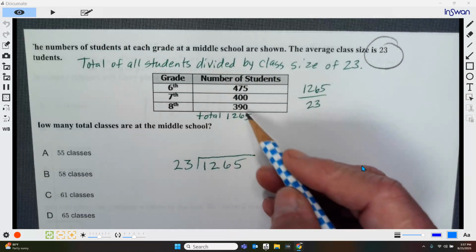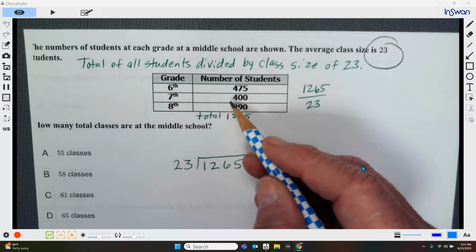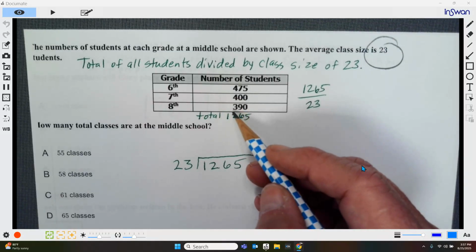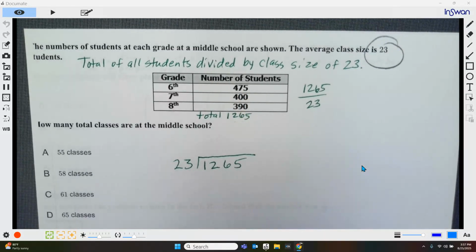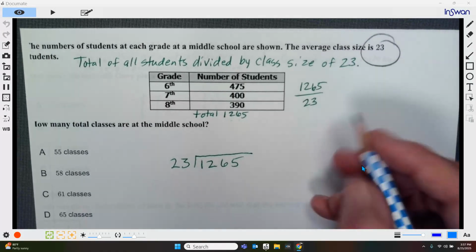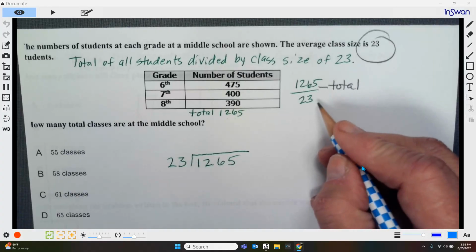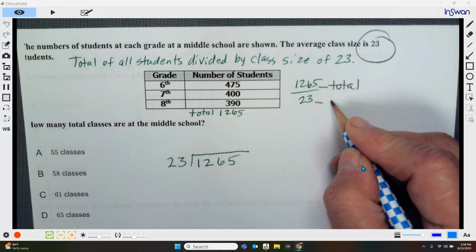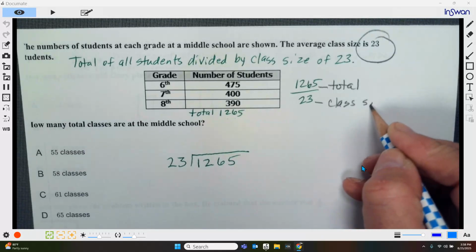If I add these up, 5 plus 0 is 5, 7 plus 9 is 16, carry the 1, 4 plus 4 is 8, plus 3 is 11, plus 1 is 12, so 1,265 is the total that we're going to divide by the number of people in class. So that's the class size.